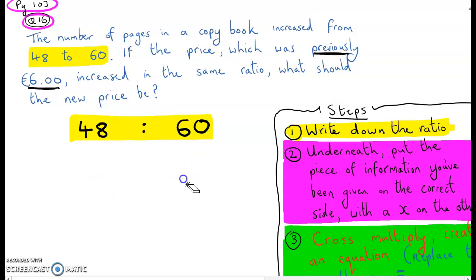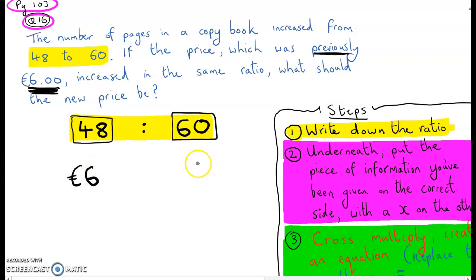That's the question. Think about it now for a second. This is the old amount of pages in the copybook, and this is the new amount of pages. This is the old price of the copybook or the magazine. So therefore, it has to go on this side, not over here. It has to go on the side that it corresponds to in the ratio.